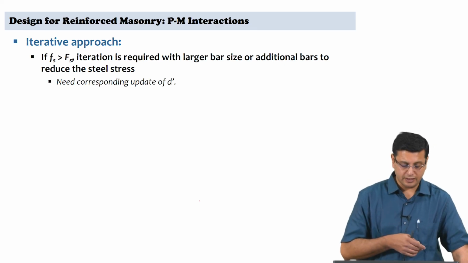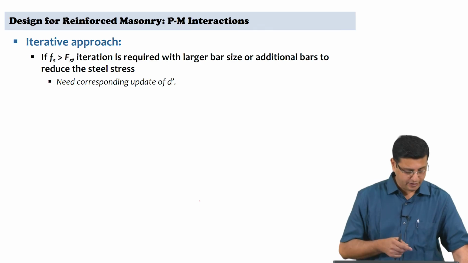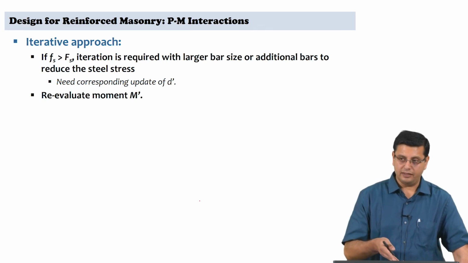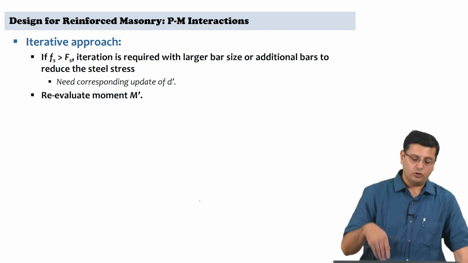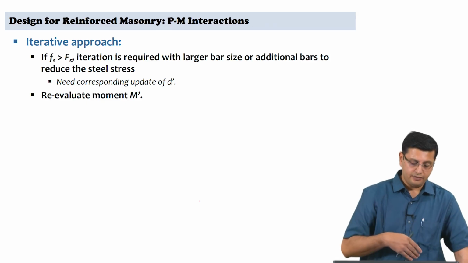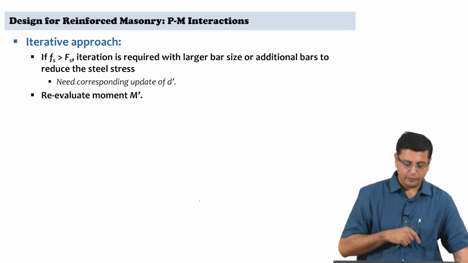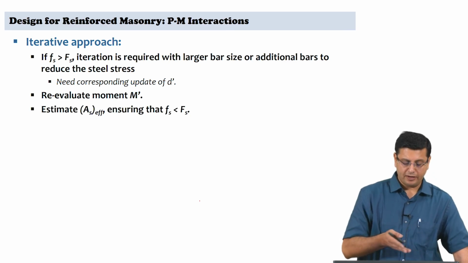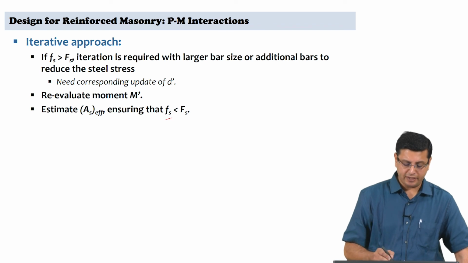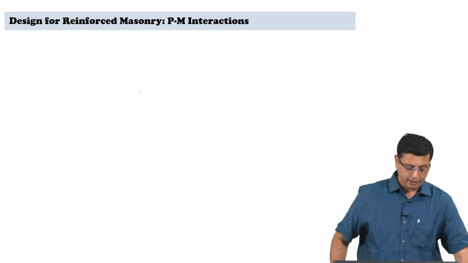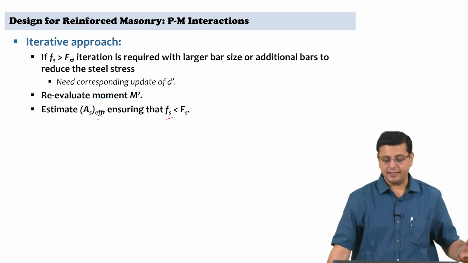You need to reduce the steel stress, update your D dash, and then your estimate of Kd will change, and then your K and J will change, and then you have to re-evaluate your value of M prime, and then for that value of M prime, again Fs has to be calculated, effective area of steel has to be calculated, and corresponding masonry stress has to be evaluated.